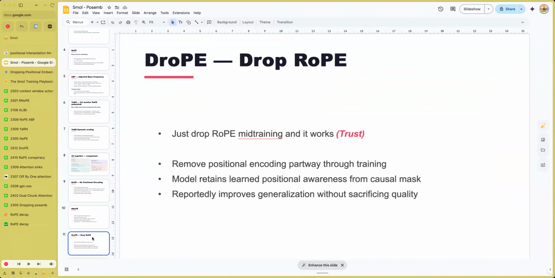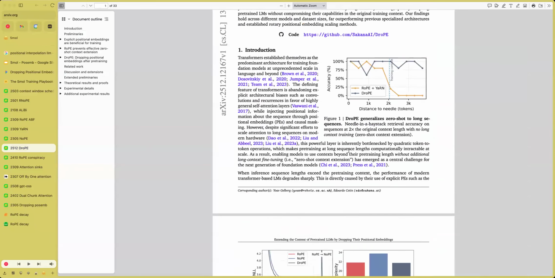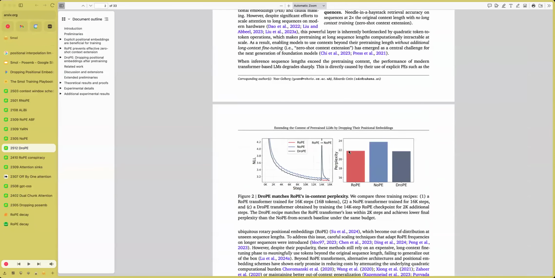Then comes DroPE, which is also an attempt to take the best of both worlds, but in a more sequential way. They first train with RoPE because RoPE trains better, so we have loss that drops faster.